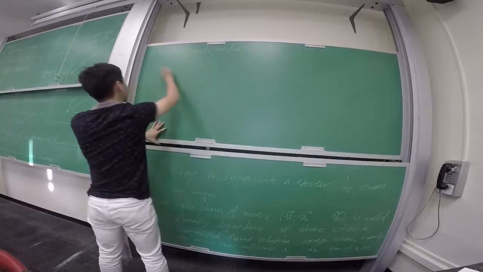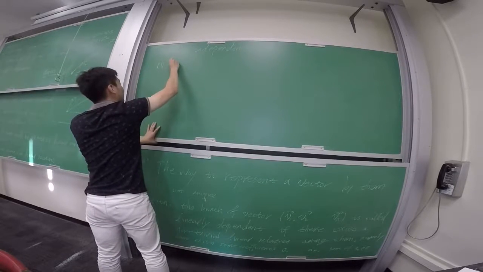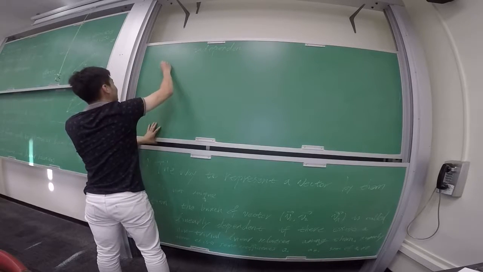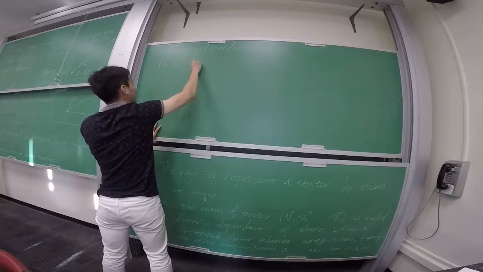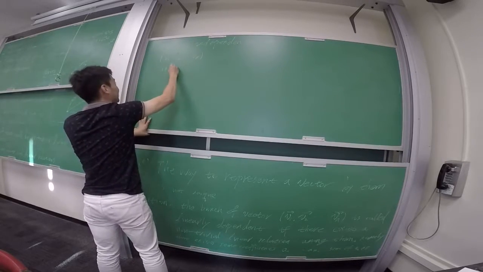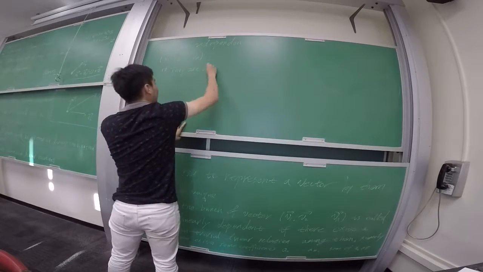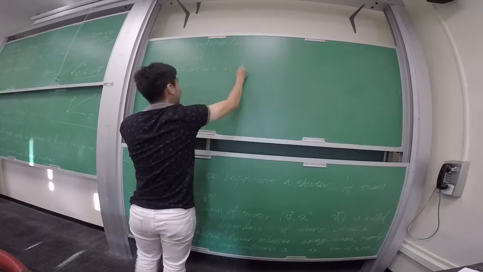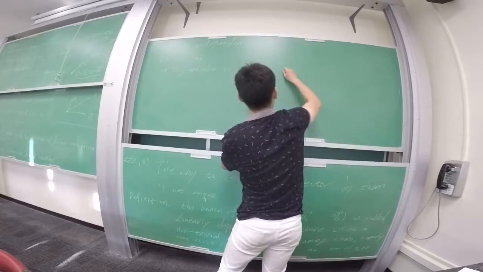So the first thing I want is this: suppose I have a bunch of vectors, say v1, v2, up to vm. I want them to be able to give me a so-called m-dimensional space.